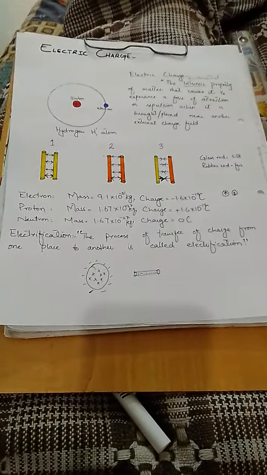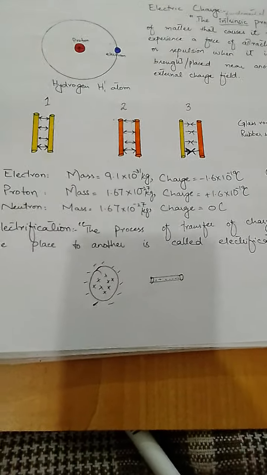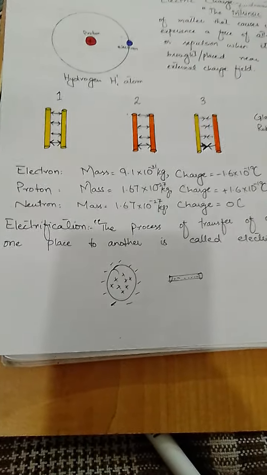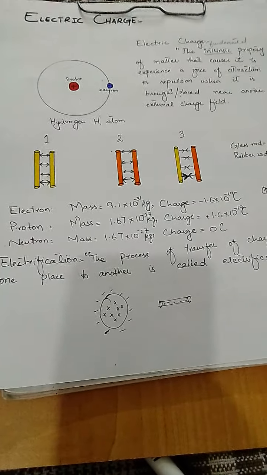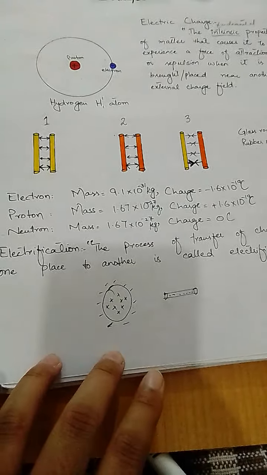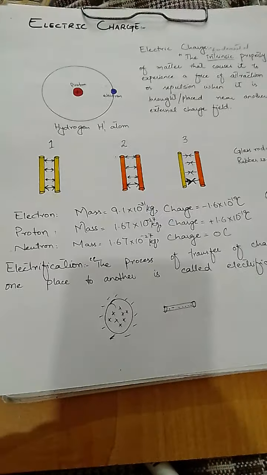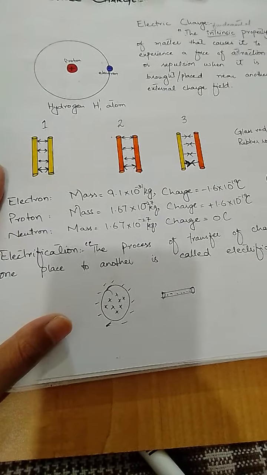Alright. So this was all we needed to study in today's lecture. This is very basic concept of electrostatics, and to understand any other topic, you have to study this topic very thoroughly.